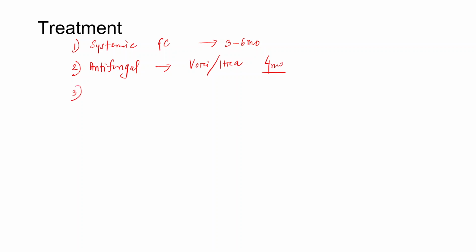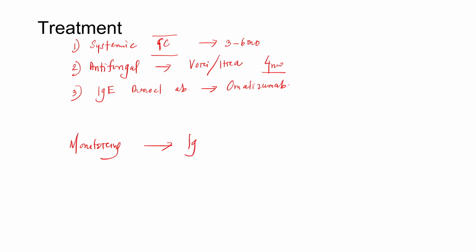If it is not effective, then you can give the anti-IgE monoclonal antibody, that is omalizumab. So this is the treatment, and the most important drug is steroid. Monitoring of response is done through monitoring of IgE levels. This is all about ABPA.